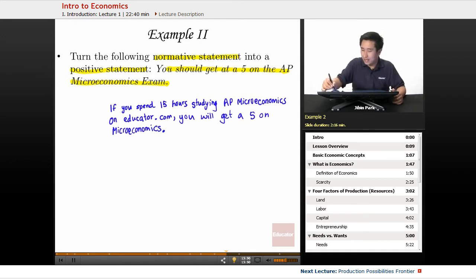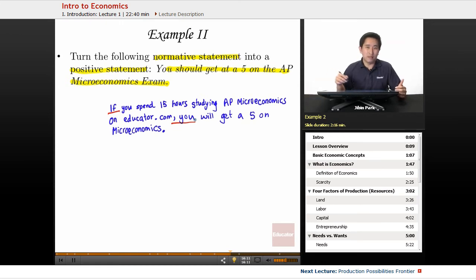Again, in my AP econ class and my regular econ classes, I try to stay away from making normative statements, even on certain things that might sound like common sense. For example, you shouldn't cheat. Well, that's a normative statement.